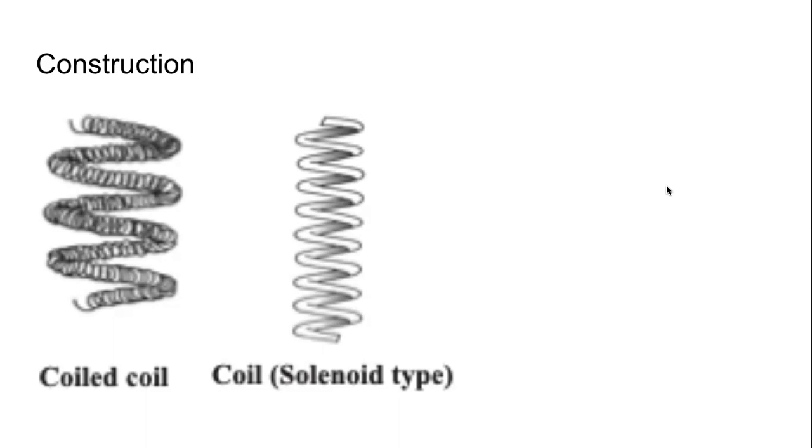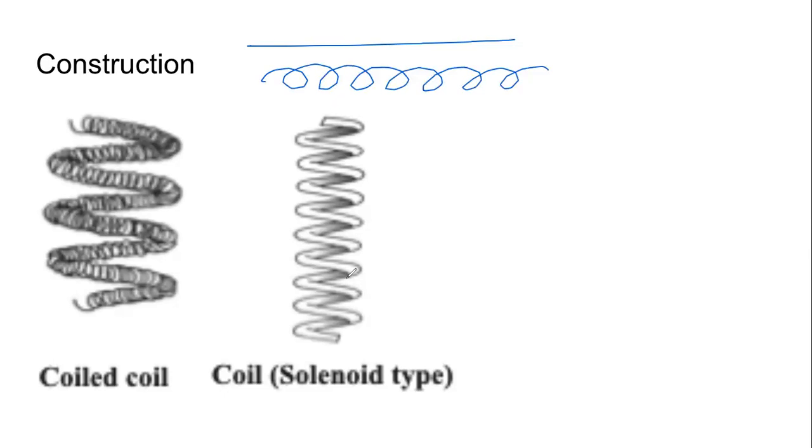How does it start? When you look at a wire, it is straight. This is a wire. Now you take the wire and wind it around a pencil. You will have this. This is called a coil. In English, this is called a coil.